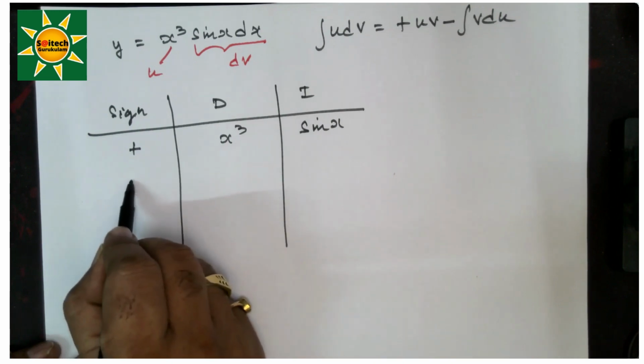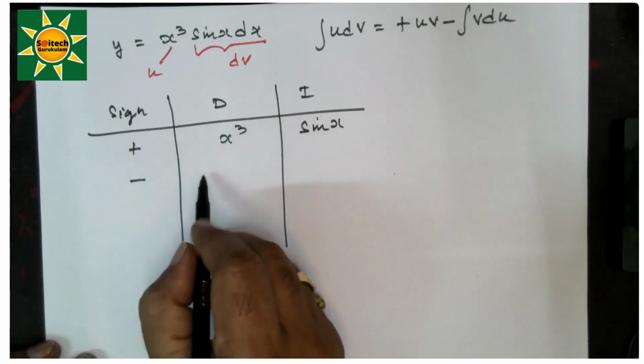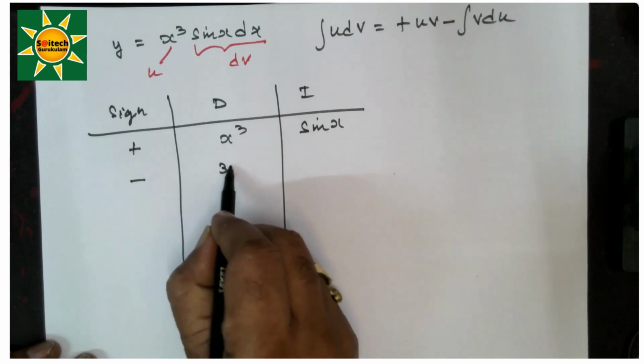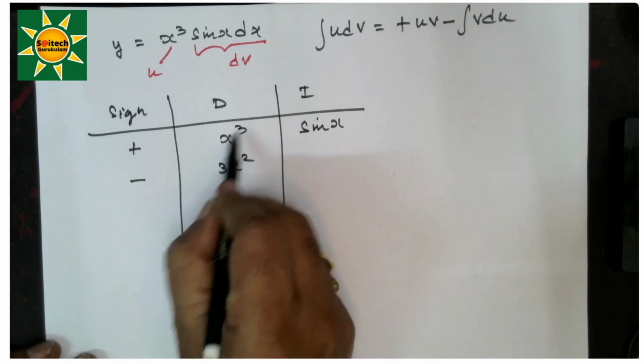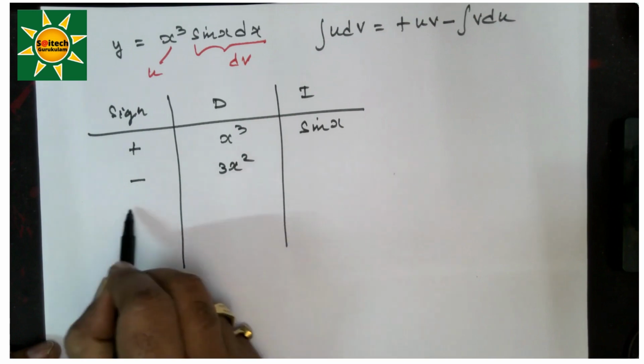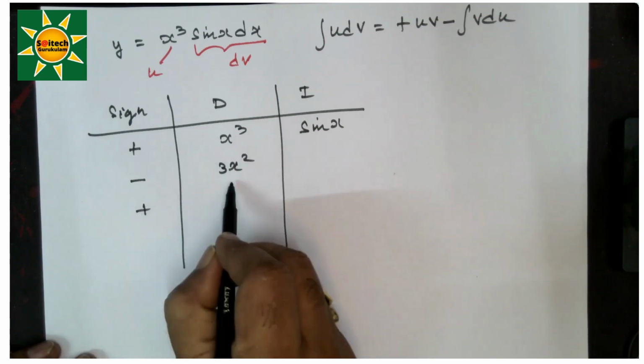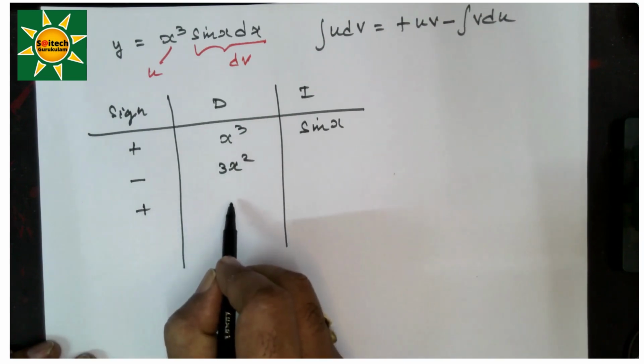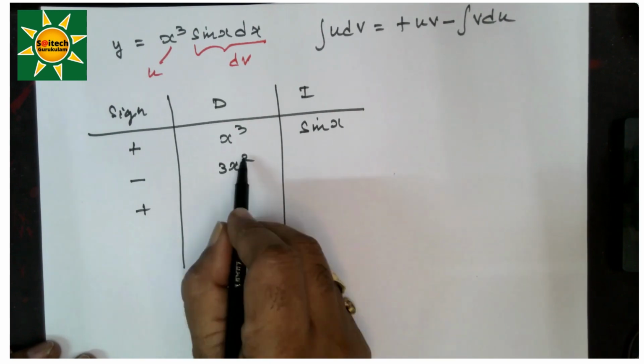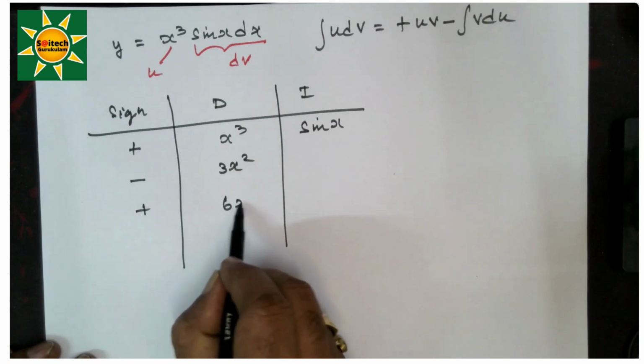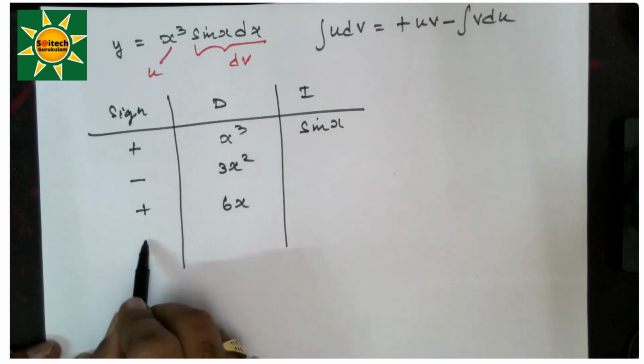Put minus sign here, and what is the differentiation? 3x squared. Differentiation of x cube is 3x squared. Put plus and further proceed with subsequent differentiation. So first order differentiation. Now let us proceed with the second order differentiation. 3 2s are 6x. Now let us proceed with the third order.